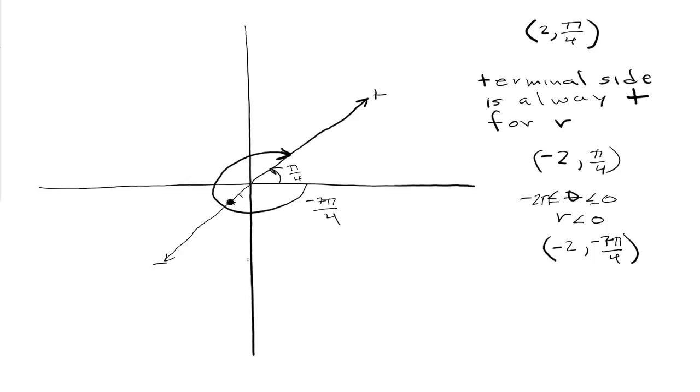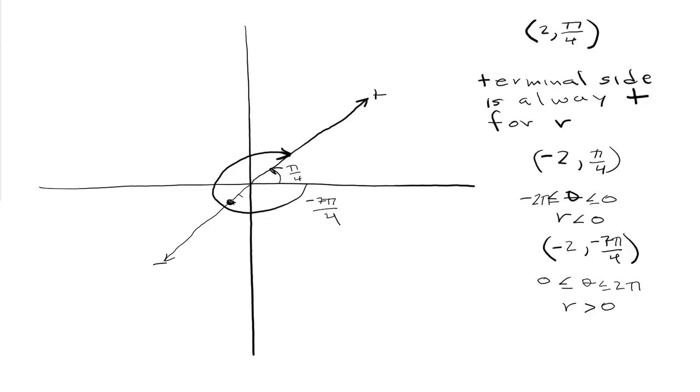What if I wanted my radius to be positive? Suppose this time I want my theta to be positive, between 0 and 2 pi, and I want my r to also be positive. But that point has to be in the same location.